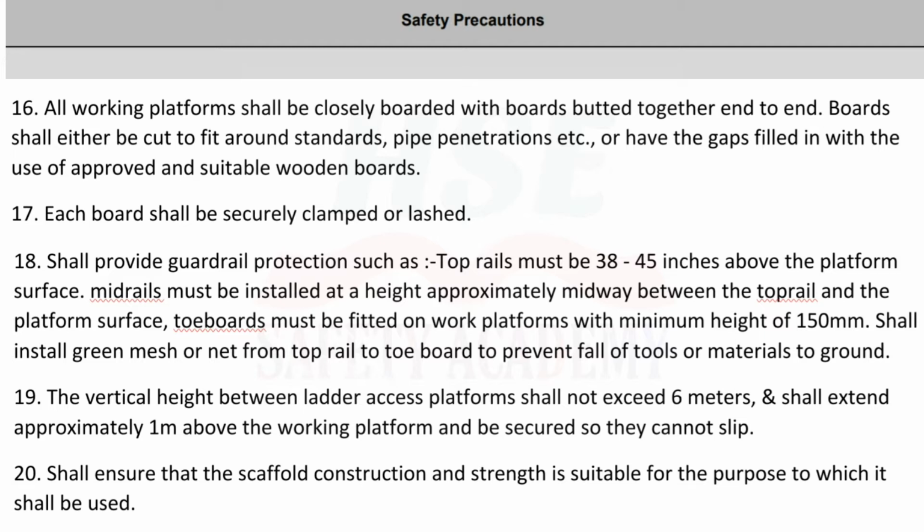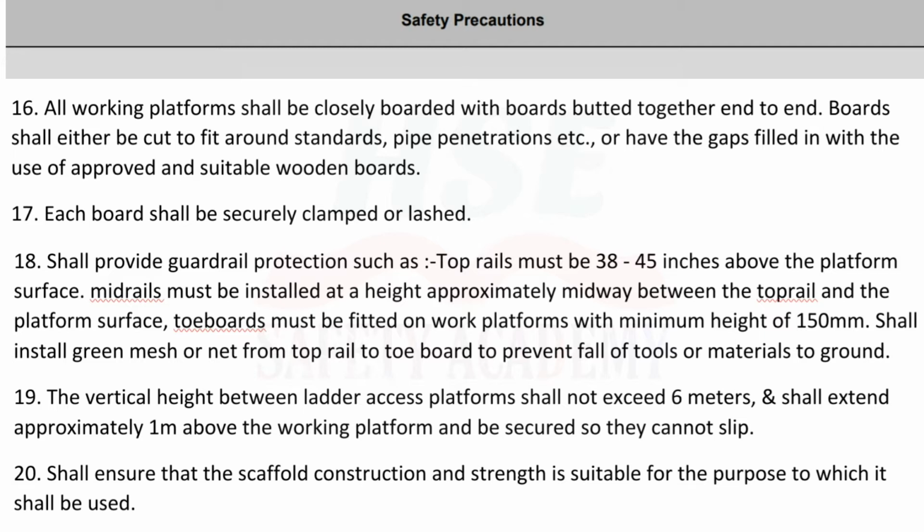Shall install green mesh or net from top rail to toe board to prevent fall of tools or materials to ground. 19. The vertical height between ladder access platforms shall not exceed 6 meters, and shall extend approximately 1 meter above the working platform and be secured so they cannot slip.